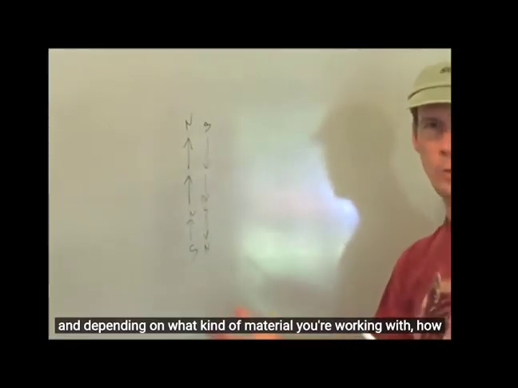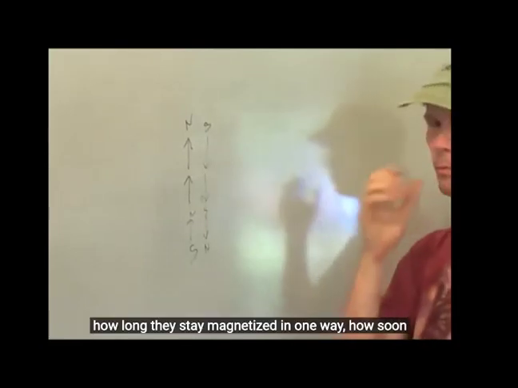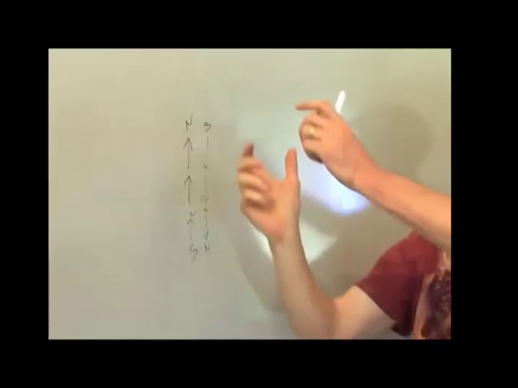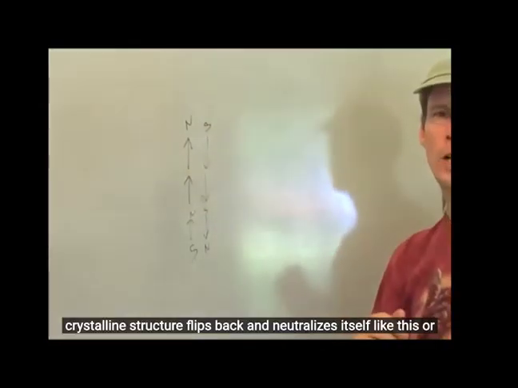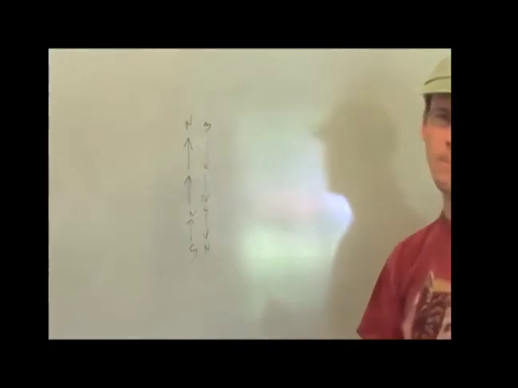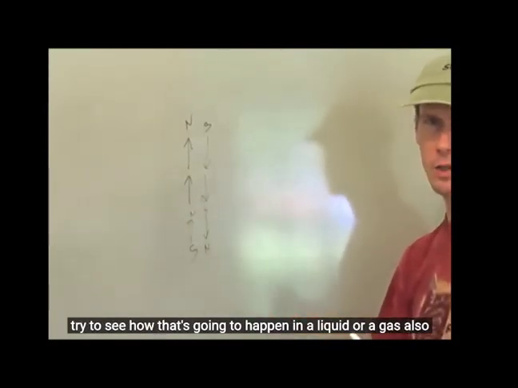And depending on what kind of material you're working with, how long they stay magnetized in one way, how soon their crystalline structure flips back and neutralizes itself like this, or expand your visualization to try to see how that's going to happen in a liquid or a gas also.